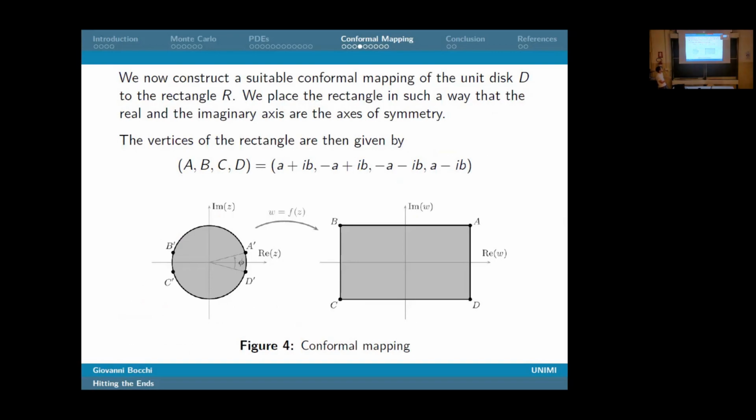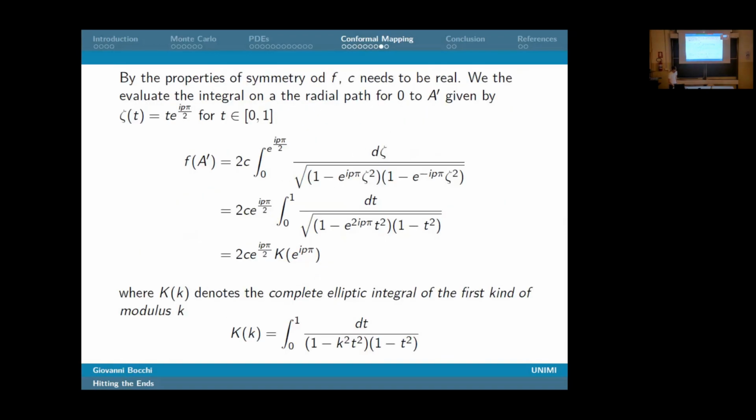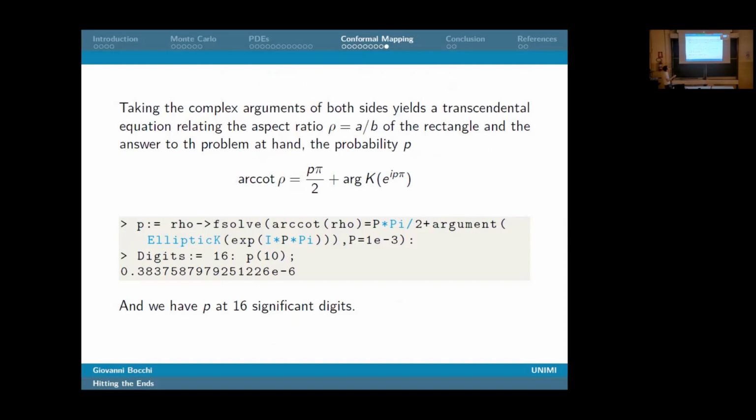So if we compute its complex argument, it should be the arctangent of B over A, and so the arccotangent of A over B, which is our aspect ratio here.